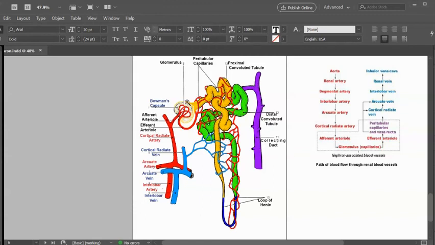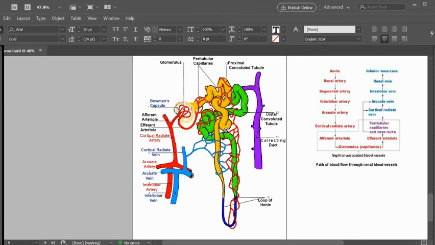The first phase of filtration is blood coming into the glomerulus. That is non-selective, so it is filtering a lot of things out based on pressure, but it's filtering out the good and the bad.